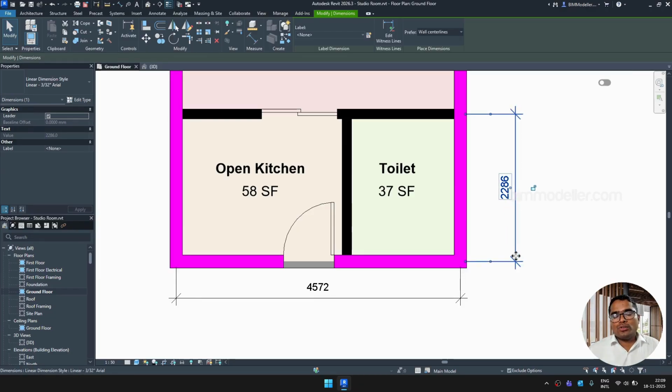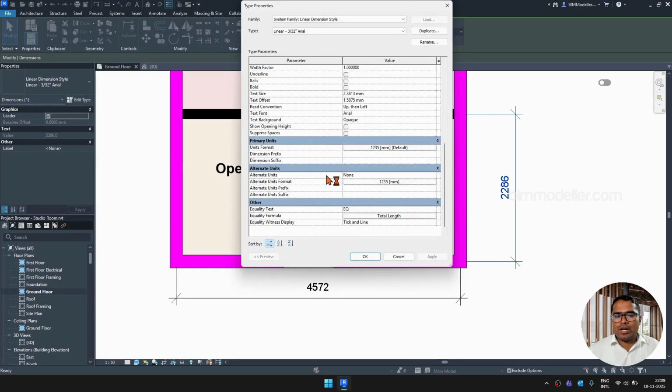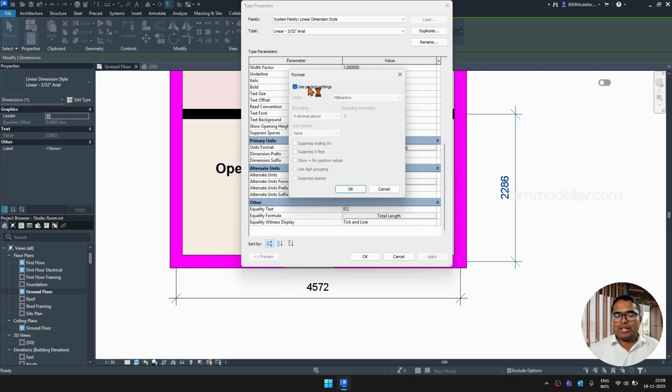But if you want to show the dimension value as a decimal value, or alter the unit values, or show a secondary value of the dimension, which in this case is feet and inches, you can go to the properties of the dimension, and you will find the settings at the bottom. Unit format, you can change it over here, and you will have the project settings by default. You can alter that, or you can have alternative options with that.